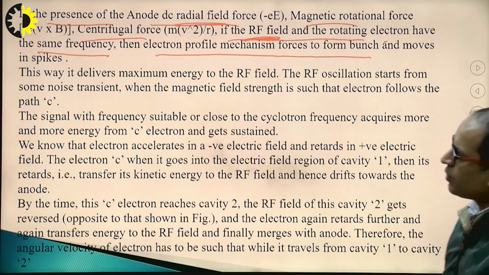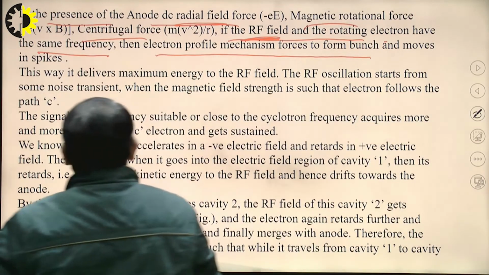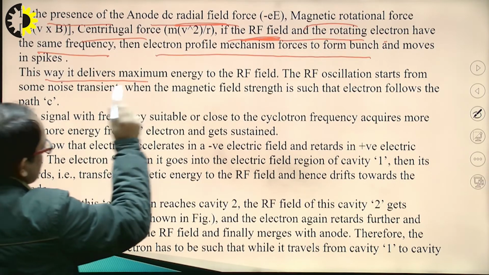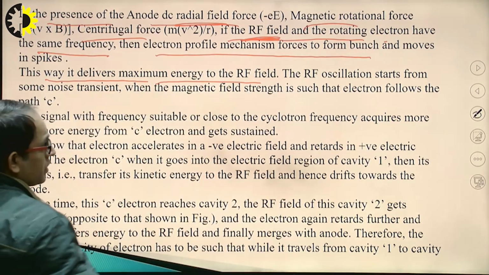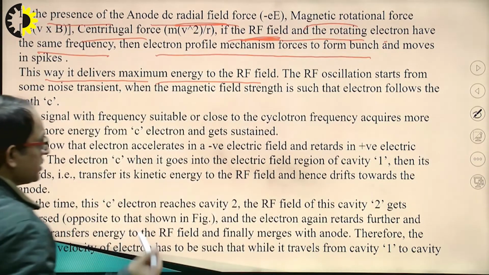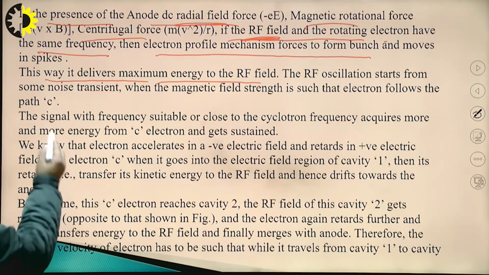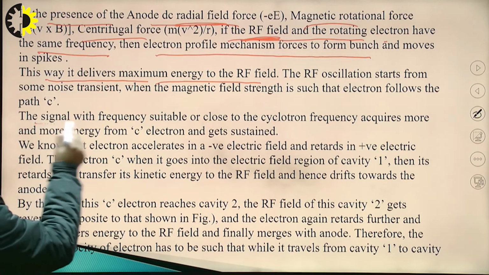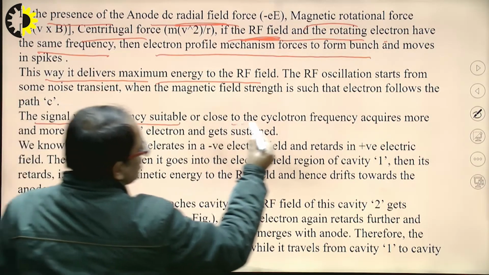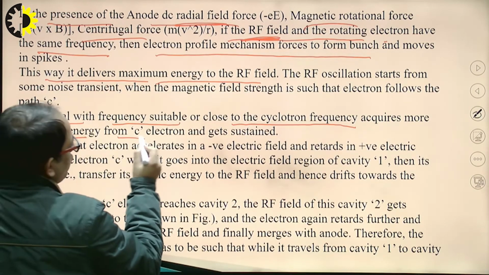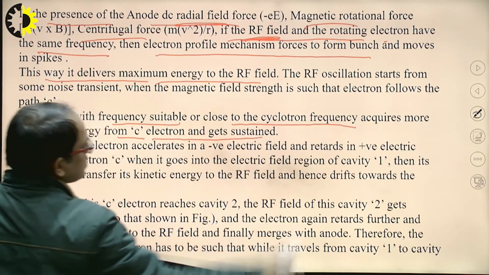Now see this one, how this interaction on the bunching delivers maximum energy to the RF field. Now see how the bunching forms. See this one, a signal with frequency suitable or close to the cyclotron frequency acquires more and more energy from the electron and gets sustained.